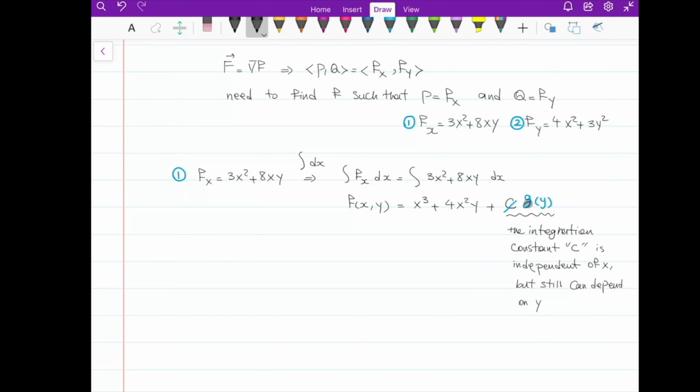That's why I write it g of y. So I have the function, the potential function has this equation, but I need to figure out g of y.